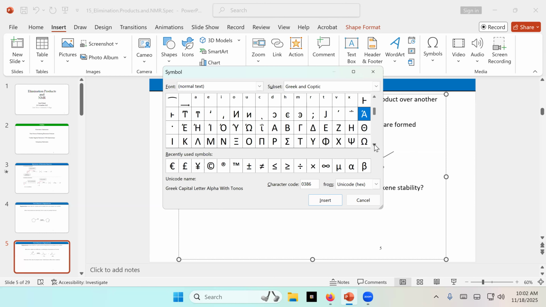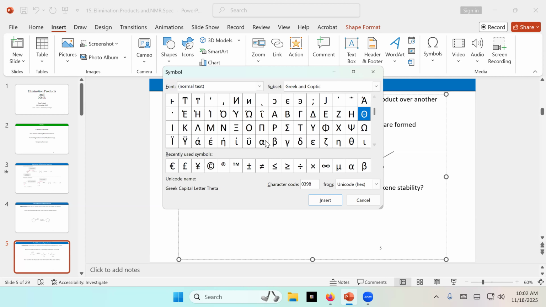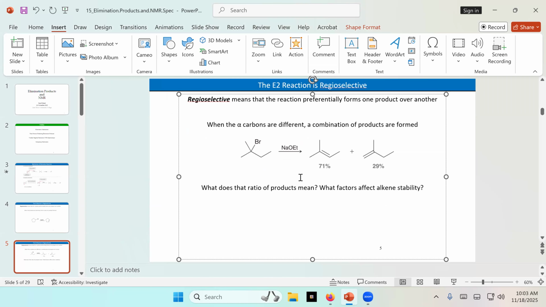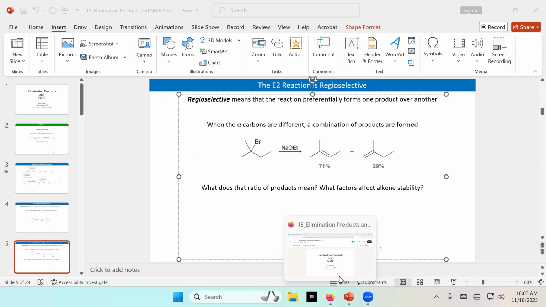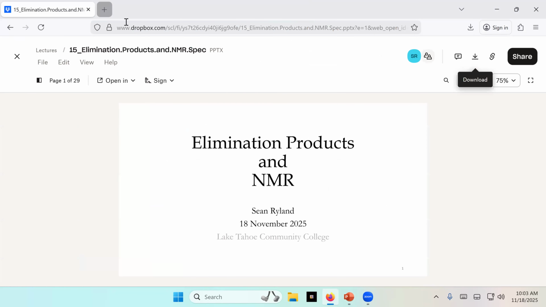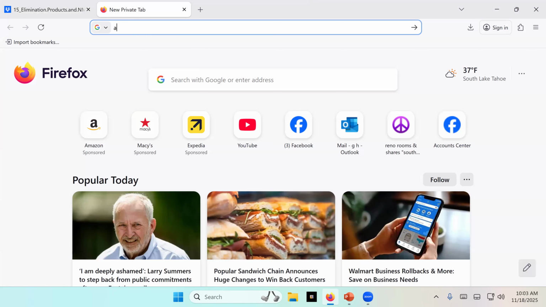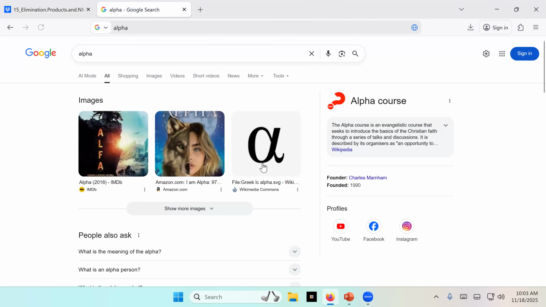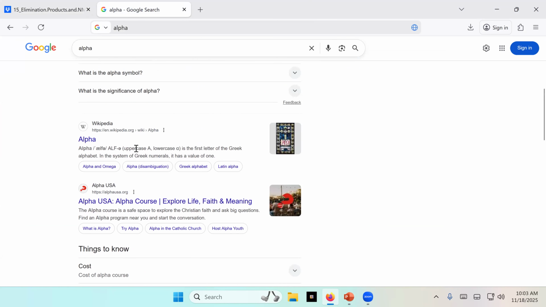So if you are ever wondering how to get different characters into Word or anything else, insert in symbols. The other thing you can do that's frankly sometimes faster these days is just Google whatever character, and then find the Wikipedia page that usually has it right there.